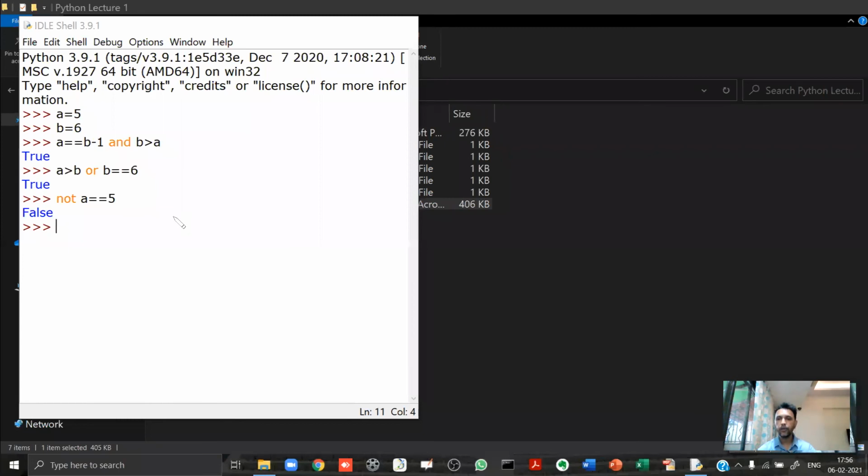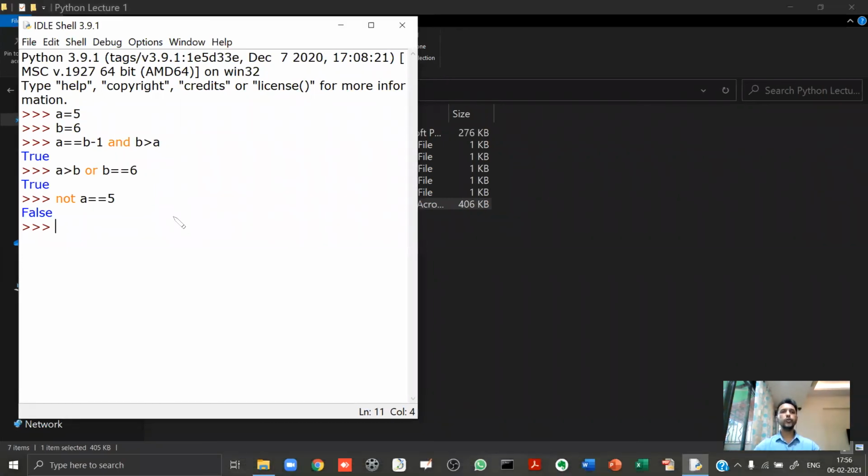let's take one example over here. Let me type something like a plus equal to b. Now, do you know what a plus equal to b means? So a plus equal to b is actually the short form of a equal to a plus b. So that will be a equal to 5 plus 6, and the answer will be 11.